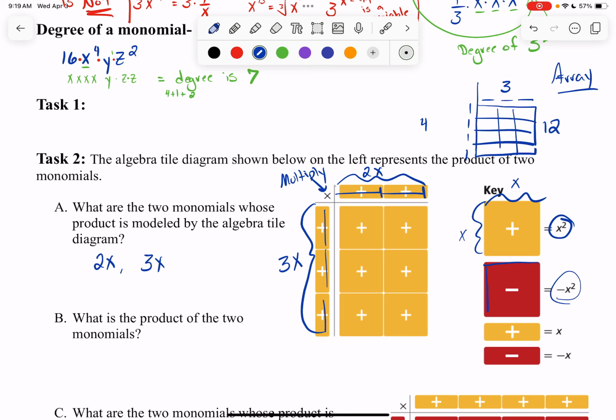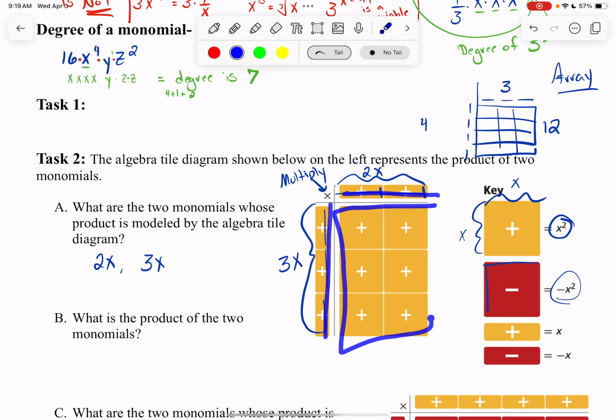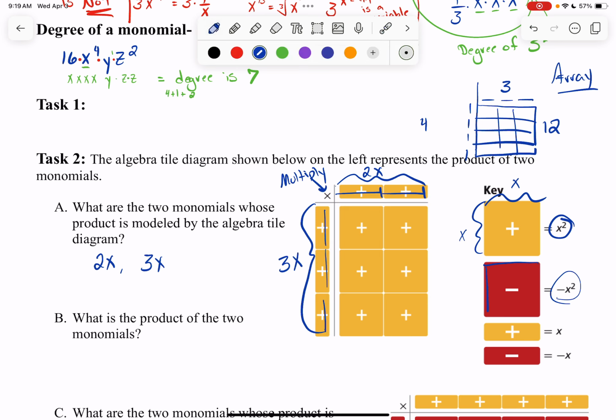So what is the product of the two monomials? Very similar to what we did here. This one's 3 long, this one's 4 long, so inside is 12. If this one's 2x and this one's 3x, inside, each one of these is an x to the second, and I end up with 6 of them: 1, 2, 3, 4, 5, 6. 6 x to the seconds.